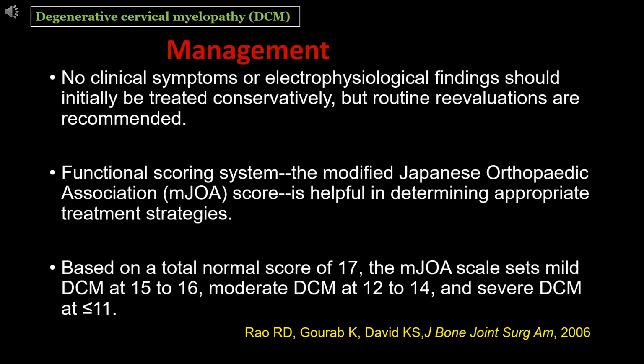Additionally, a functional scoring system, the modified Japanese Orthopedic Association score, is helpful in determining appropriate treatment strategy. Based on a total normal score of 17, the mJOA scale sets mild DCM at 15 to 16, moderate DCM at 12 to 14, and severe DCM at less than 11.